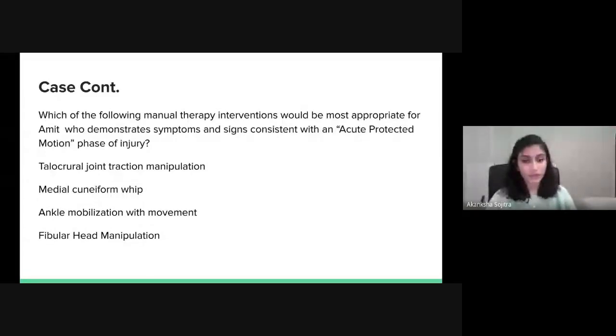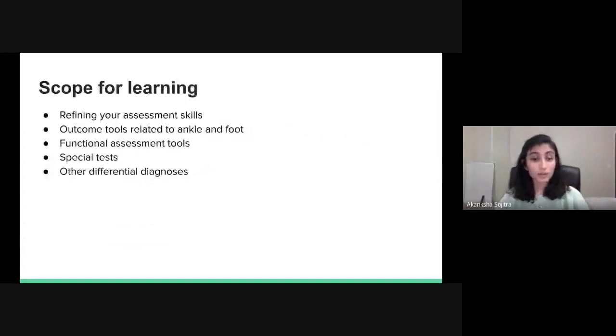Okay, we can go over the answers. So that's about it. The scope of learning from these clinical practice guidelines is that you can refine your assessment skills. These outcome tools are there, which can be used clinically. You can try them in the clinic and see how they work for you. Also try all the functional assessment tools, pre-rehab and post-rehab, over a period of time, and try the special tests on patients.